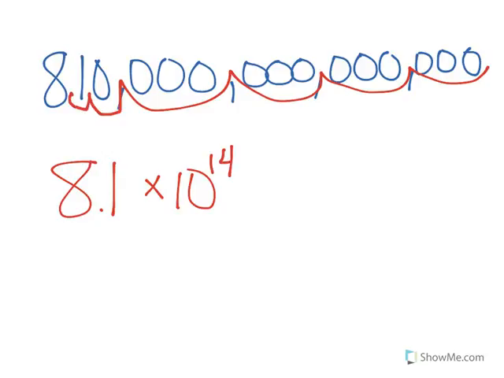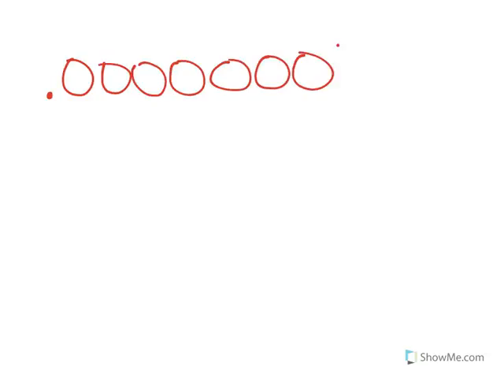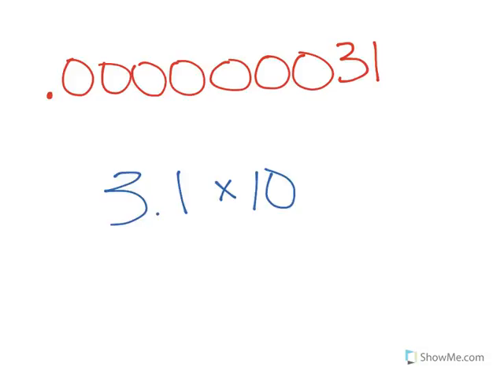Hopefully that's what you got. Let's try another example. Let's try a decimal this time. Change this number into scientific notation. You should have 3.1 times 10 to the, how many jumps was that? That was 8. Remember, it's a decimal, so it's negative 8.